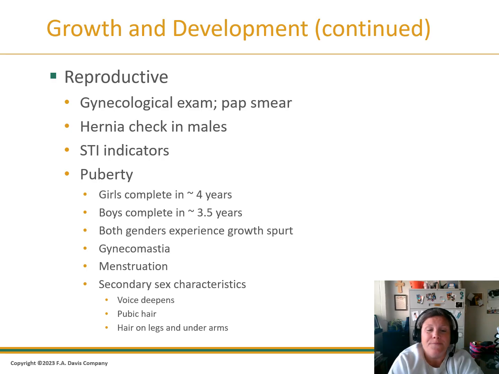So usually puberty changes occur in the girl before they occur in the boy. But both will ultimately experience growth spurts. For females, obviously menstruation is a big part of that. Puberty changes for both populations include hair growth, and that's usually legs, arms, underarms, and pubic region. And then for males, the deepening of the voice as well.